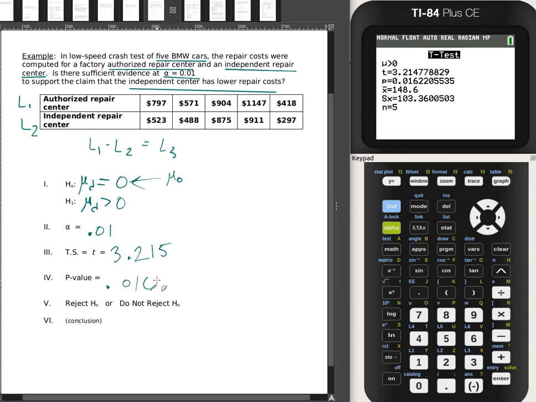Yeesh. It was a pretty small p-value. You know, this test statistic is kind of big, 3. But we actually had a very small level of significance, 1%. And so we didn't really make the cut in this case. The p-value that we got is greater than the 0.01, which was our alpha level.